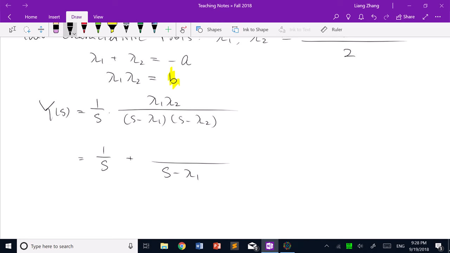And you have two first order terms that will give you two exponential signals, s minus lambda 1 and s minus lambda 2. Using the cover-up method, it's possible to find out that one of them will be lambda 2 over lambda 1 minus lambda 2.